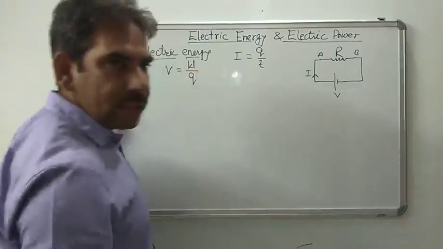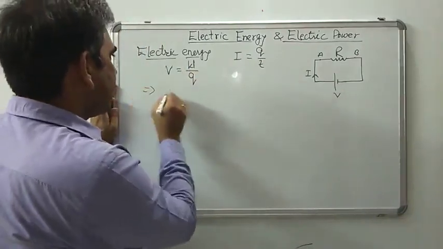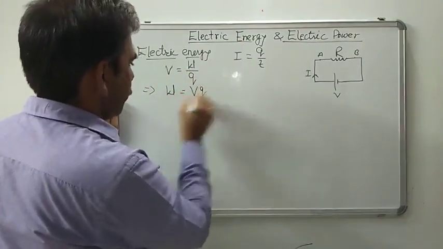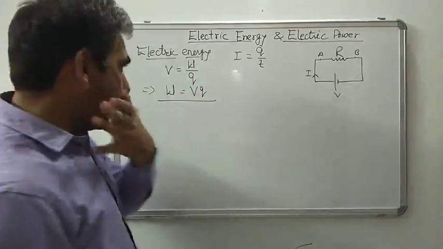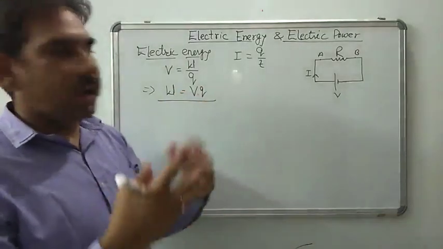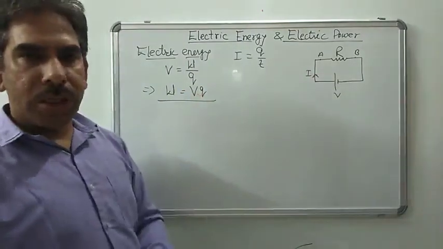This is what we call electric potential. So from here, this work is nothing but V into Q. So this is the work done by the source in maintaining I amount of current through the circuit, or in sending the Q amount of charge through the circuit.